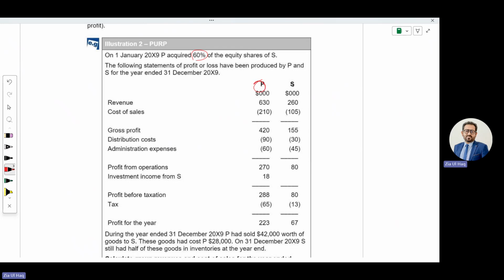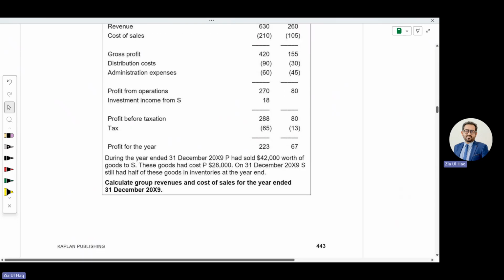This is the parent company, this is the subsidiary. Revenue, cost of sale, GP, distribution cost, admin expenses, profit from operations, investment income from S, where they are receiving this income from S, the subsidiary. Then profit before tax, taxation, profit for the year.